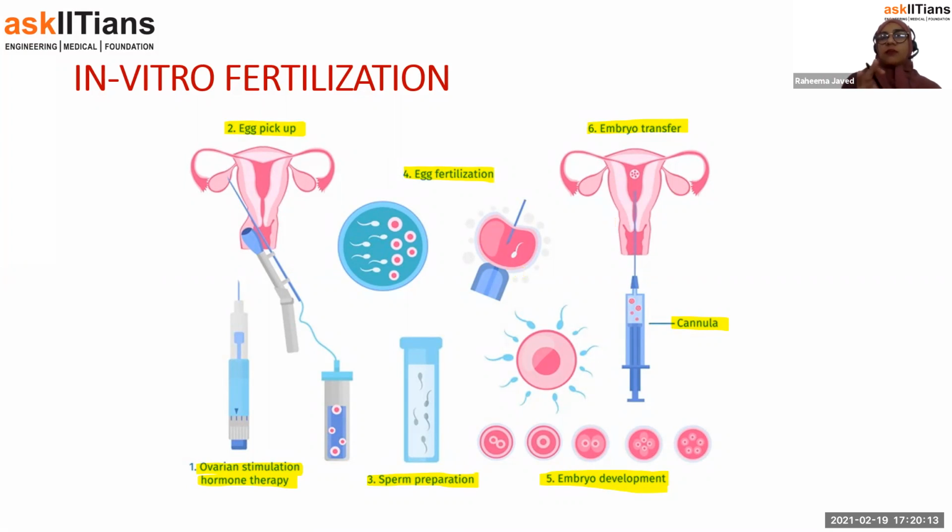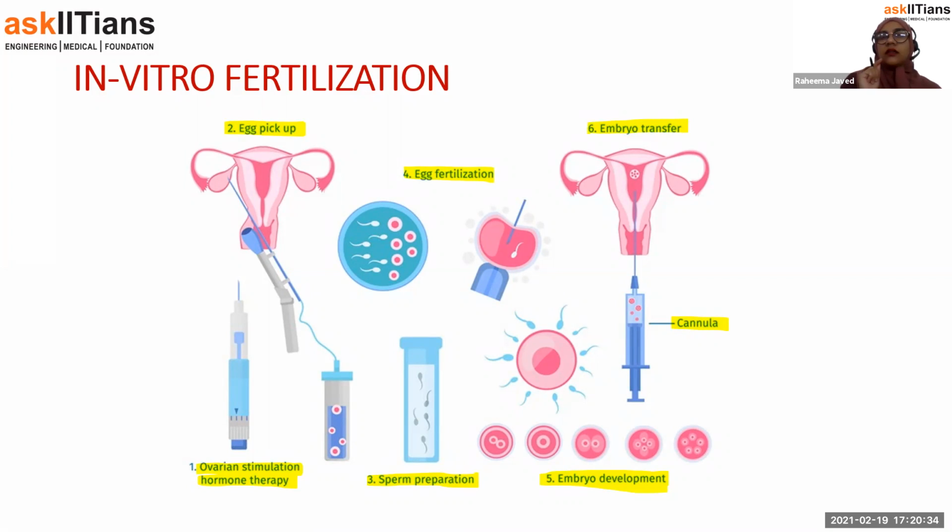Okay, this embryo transfer can take place in another female other than the one who donated the egg, or the mother you can say. Because the donor of the eggs can be a different female, or it can be the same female, the mother, I mean.